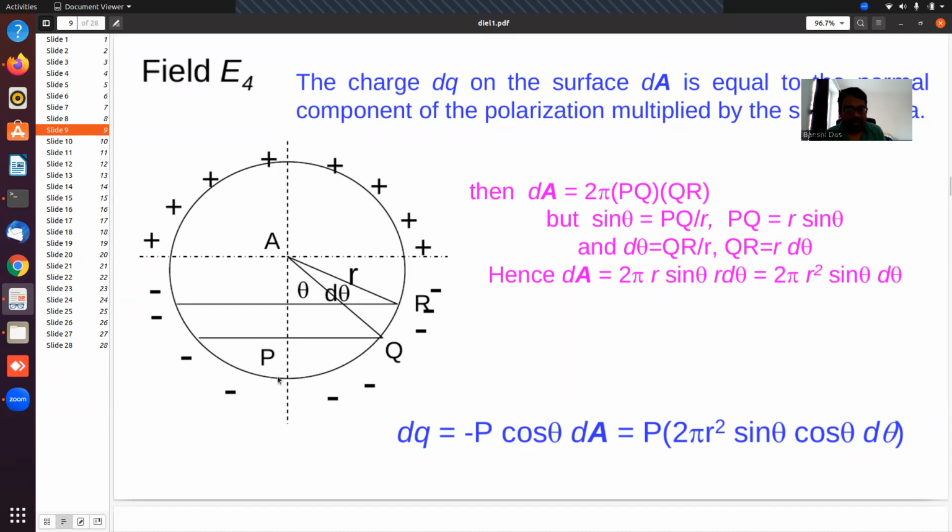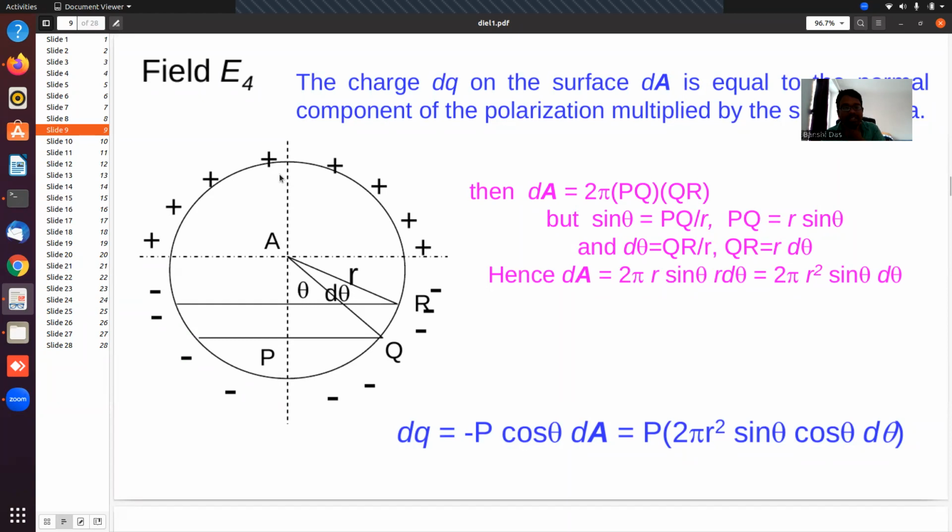This is the charge at this surface. When we think in the direction of the polarization, this is just P multiplied by this surface area. This is the charge at the surface.